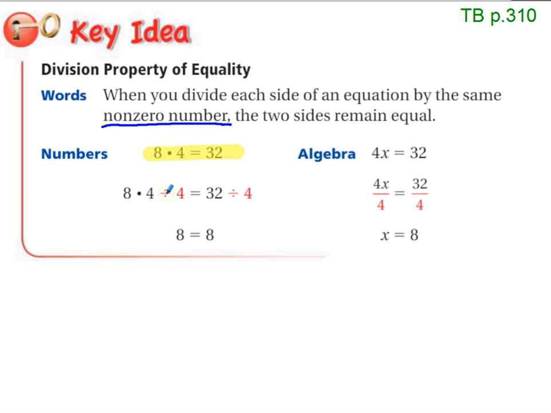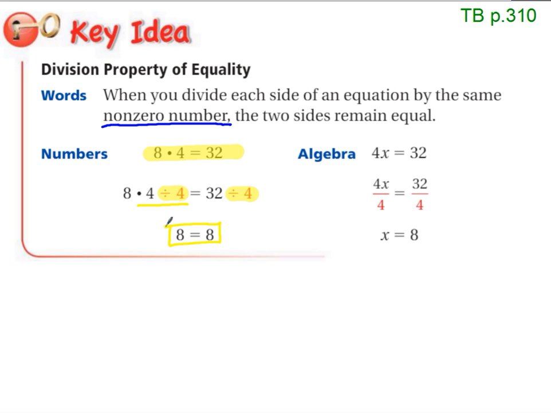That means what I now have to do to cancel out the multiply by 4, I'm going to divide by 4. 8 times 4 divided by 4 equals 8. The multiply by 4 and divide by 4 right here cancel each other out. And then 32 divided by 4 equals 8. So on both sides of my equation, I'm left with 8.